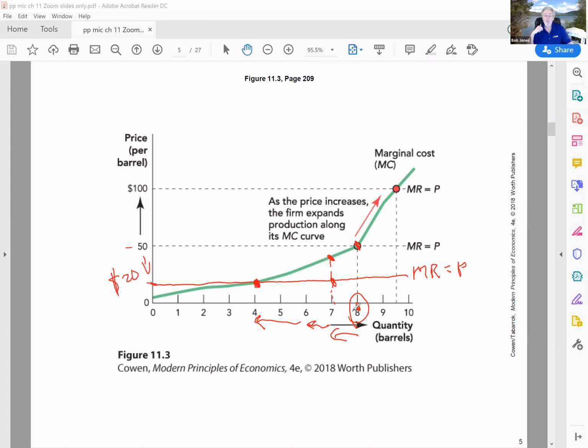It's likely that many of the producers will say, it's not worth it to produce at all, and they will go out of business. But we're not ready for that question yet. But anyway, answer to your question is yes, given that the price has gone down, this firm will cut back on its output, and other firms will do the same thing. And so the total amount produced is going to drop. Okay.